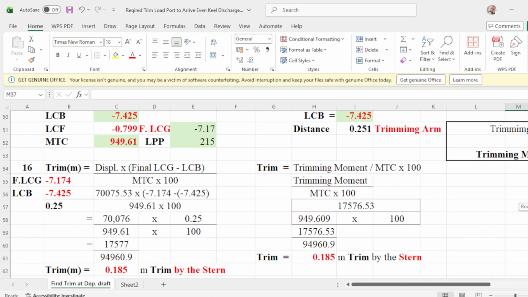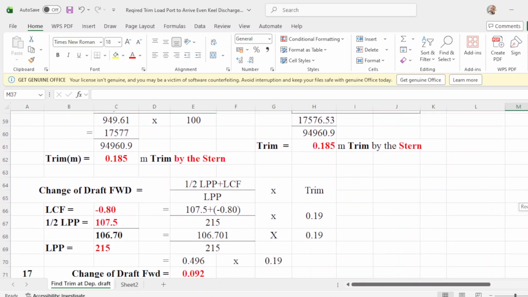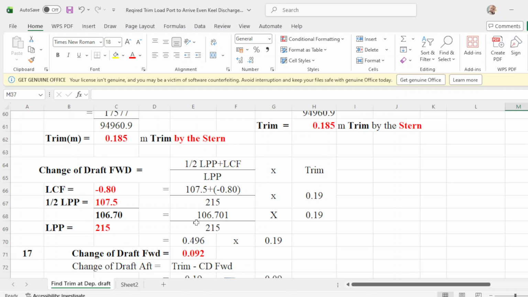Then after getting the trim, we are now looking for the change of drop forward. The change of drop forward, the formula is 1/2 LPP plus LCF over LPP times trim. So your LPP is 215. Okay, 215.